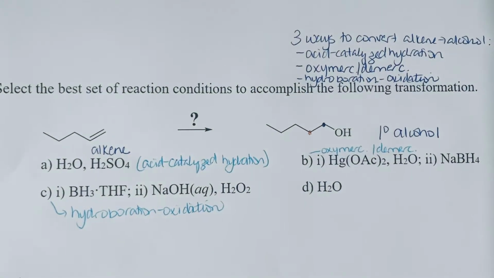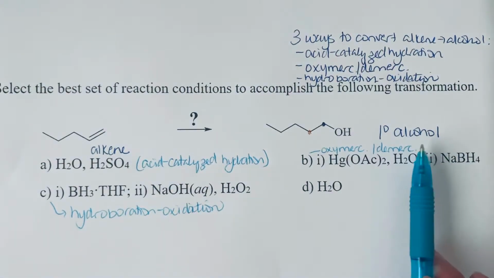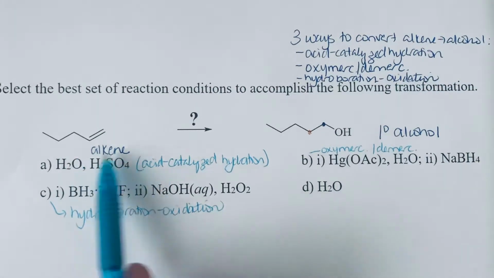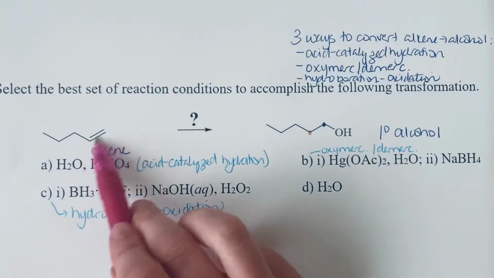And so we want to decide between them. What distinguishes these is the products that they would form. So we want to look at the alcohol that we're forming and decide which of these 3 conditions would be best to give us this primary alcohol. We want to recognize that in doing this, we've added water across the alkene.